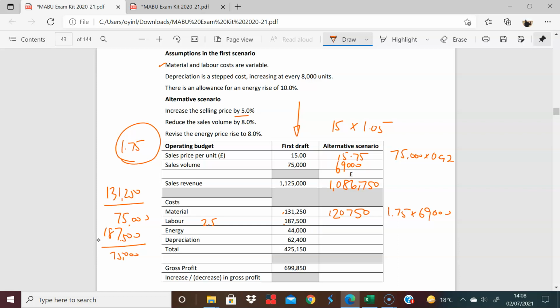So what do we have now? 2.5 times 69,000, which is 172,500. Energy. So it says here that there's an allowance for an energy rise of 10%.